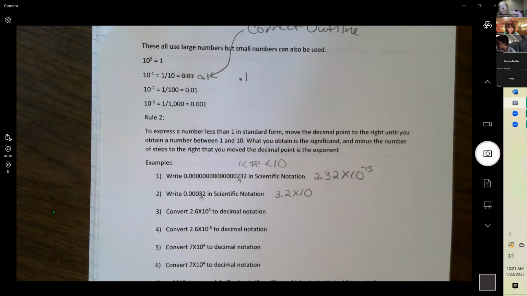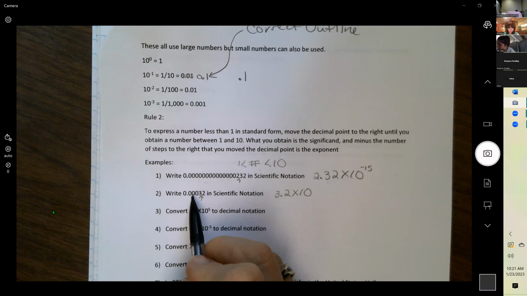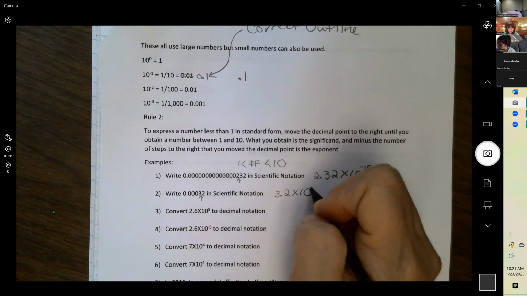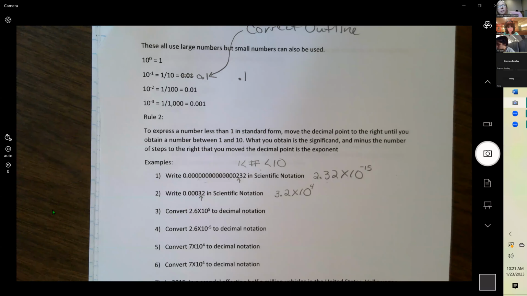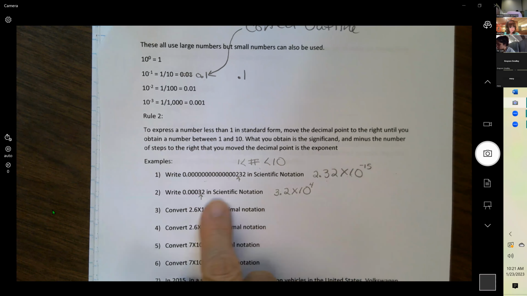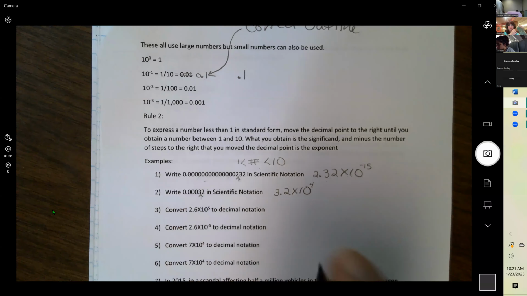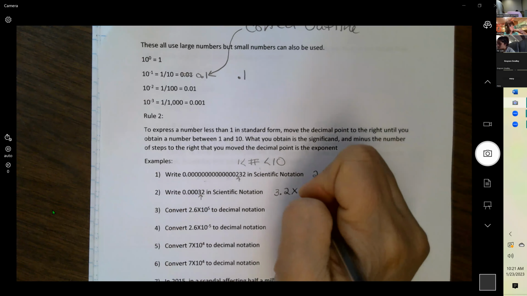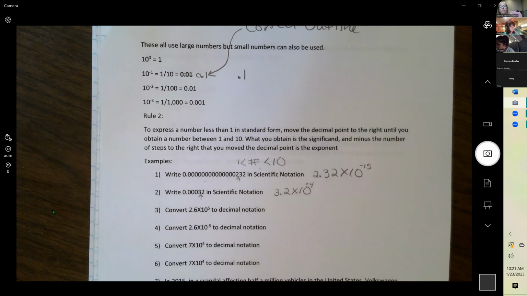Then see how many places you need to move that decimal. 1, 2, 3, 4. And 3.2 needs to become smaller when we multiply. So this has to be a -4. Any questions on that?